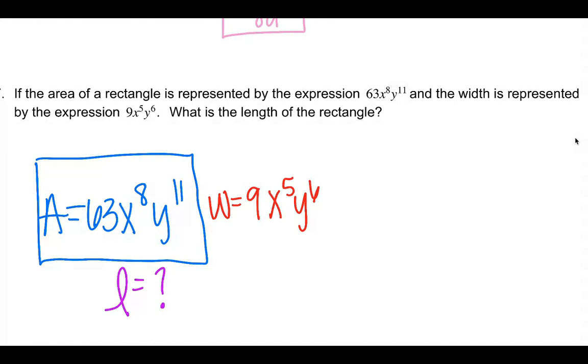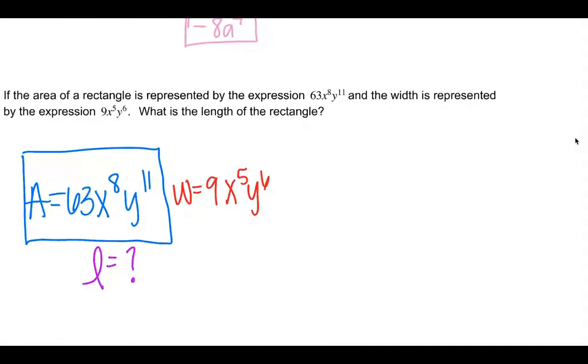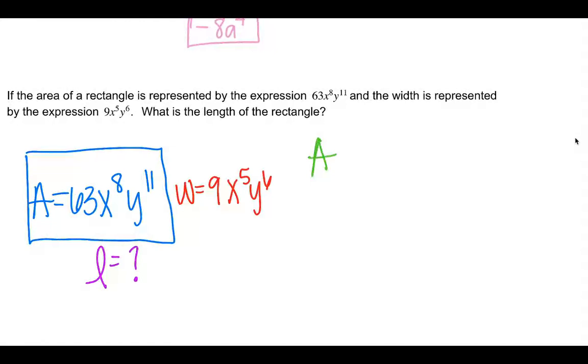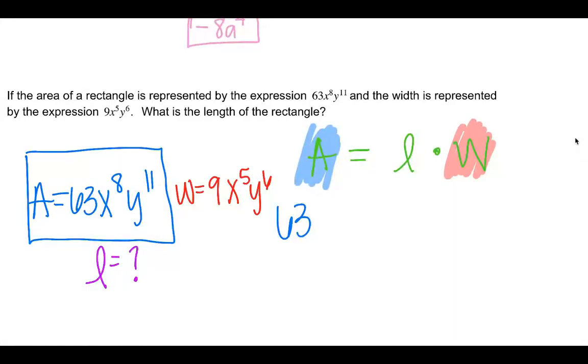Well, I know how to find area of a rectangle. Area equals length times width. And I'm going to plug in all the things I know. I'm going to plug in for area, and I'm also going to plug in for the width, because I know those two things. So the area I said was 63, x to the 8th, y to the 11th.